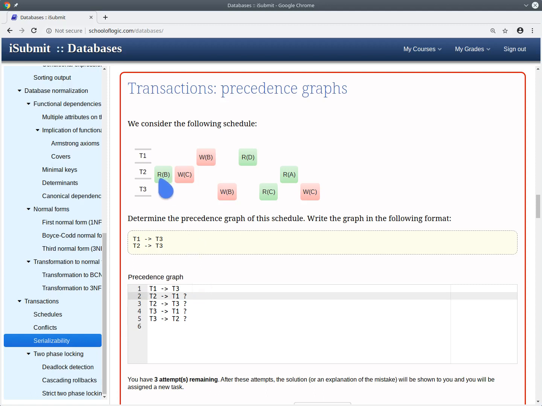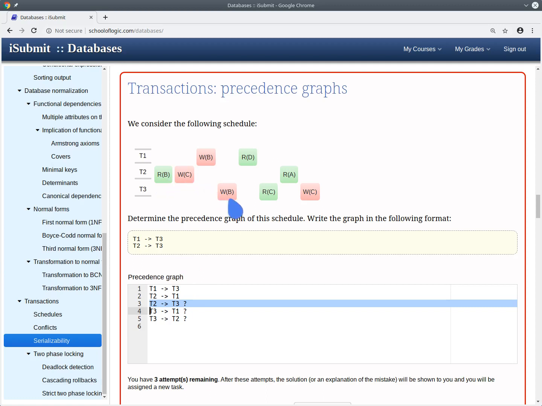Here we have a read of B, and this read of B in T2 is followed by a write of B in T1. So we indeed have a conflict where the action of T2 comes first. So we will have an edge from T2 to T1. Next we check whether we have an edge from T2 to T3. We have here a read of B, and there is a write of B. So we will have an edge from T2 to T3.